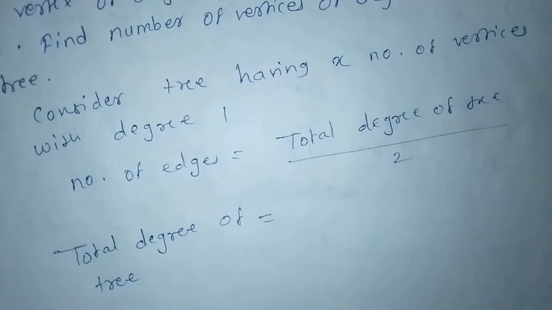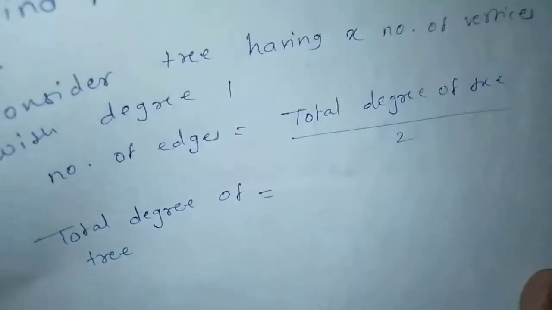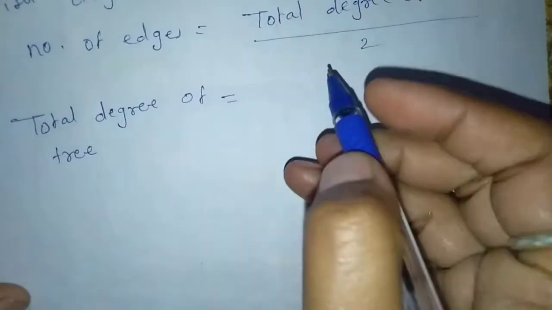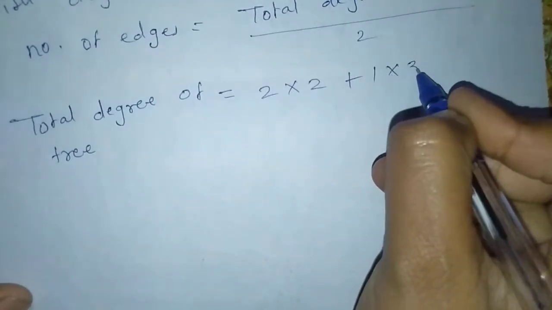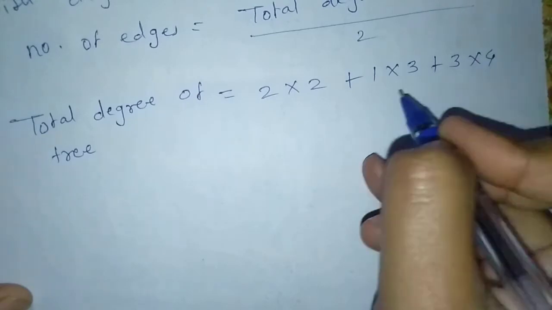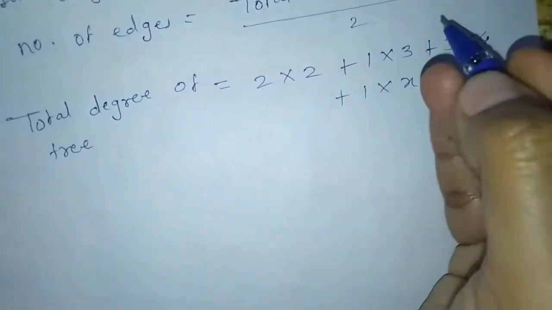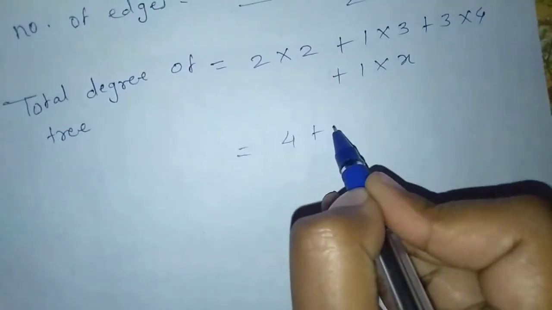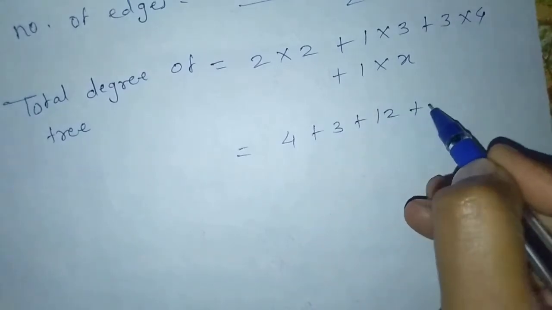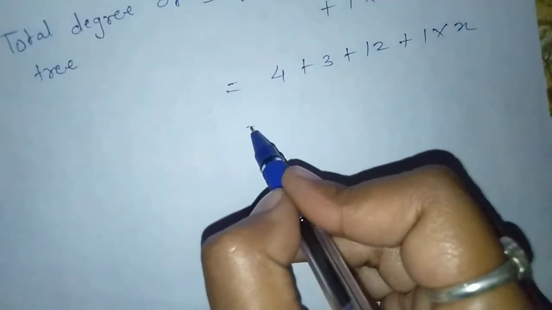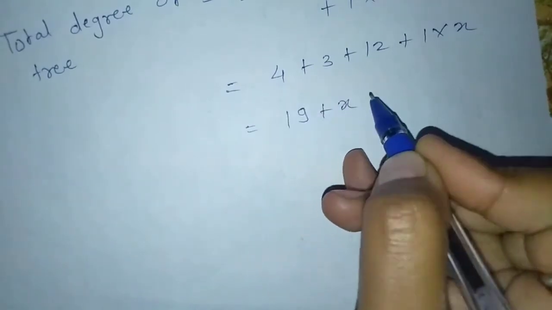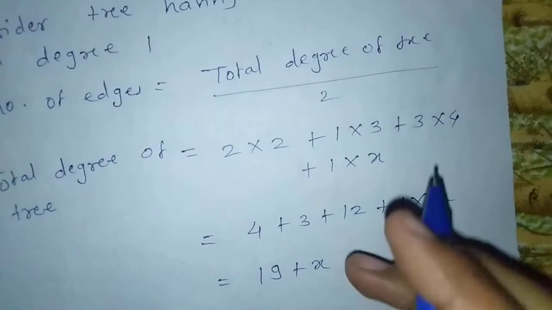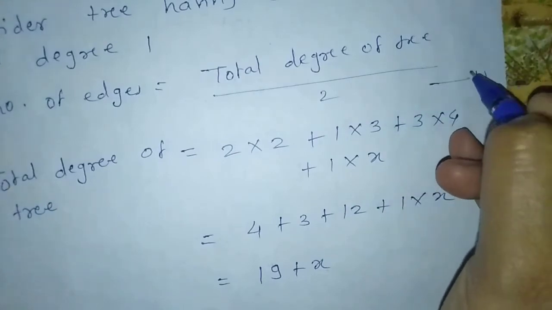So add these, that is nothing but the total degree. So 2 into 2 plus 1 into 3 plus 3 into 4 plus 1 into x, which is nothing but 4 plus 3 plus 12 plus 1 into x, which is equal to 19 plus x. So this is our equation number 1.